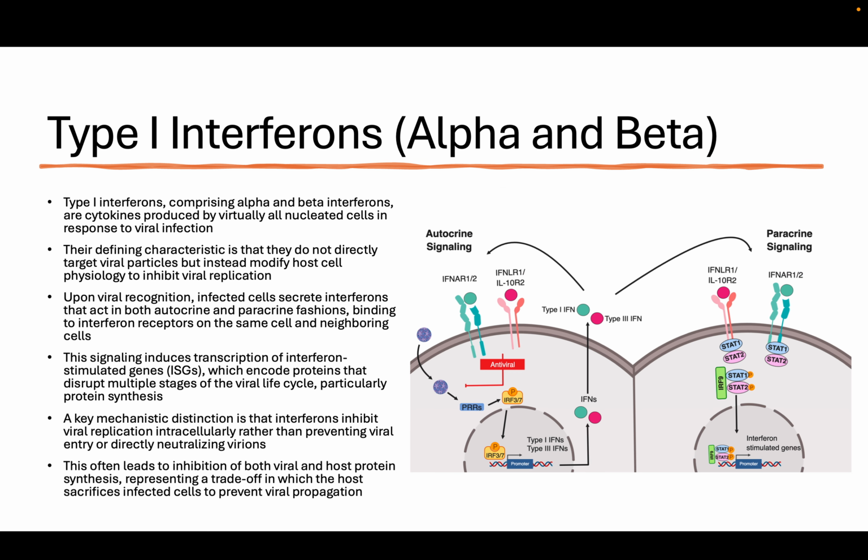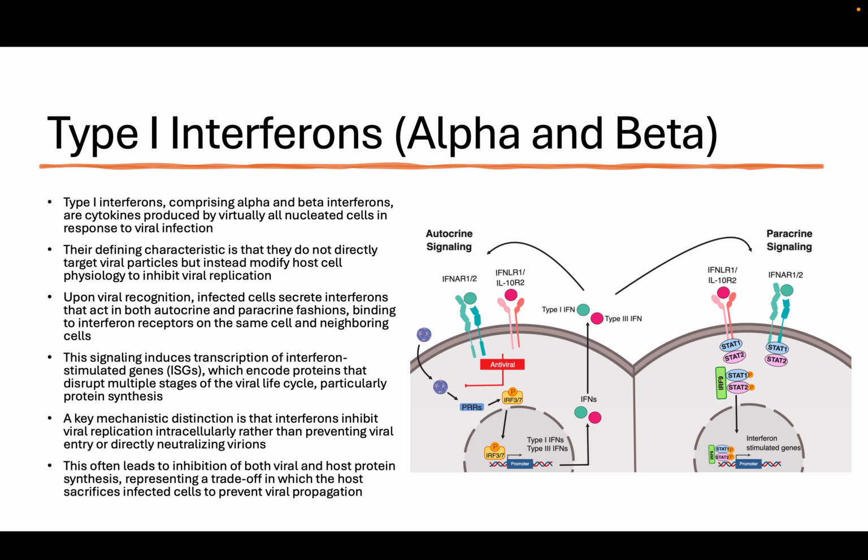So type 1 interferons, which are extremely important when it comes to viral infections, are alpha and beta. And as I said, they can be produced by all nucleated cells, because all nucleated cells can be infected by viruses. Once a normal cell is infected by a virus, it's going to release these type 1 interferons.